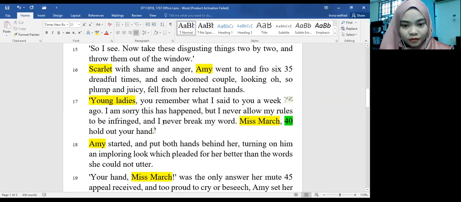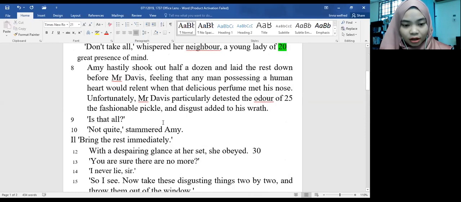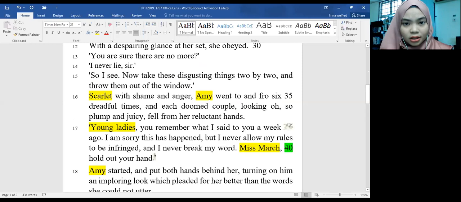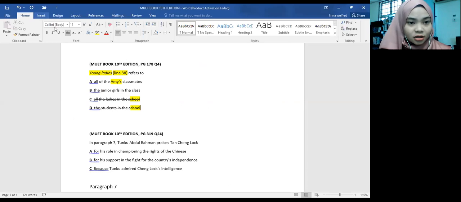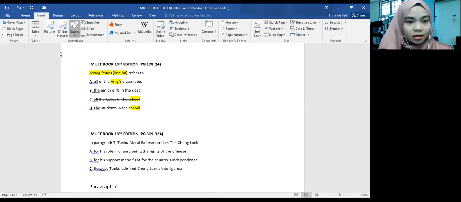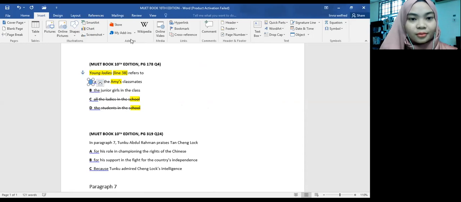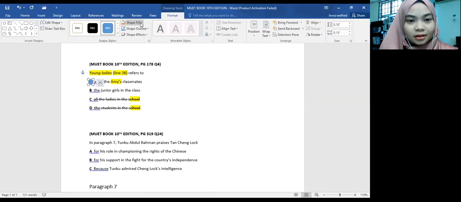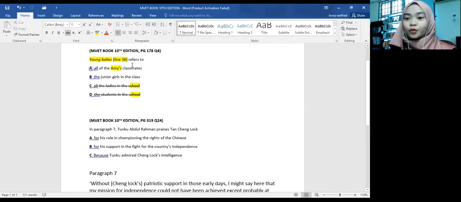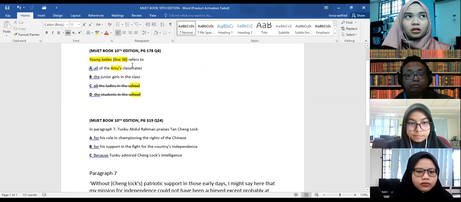There is no mention of junior in this paragraph, so the answer must be A. That is how to answer the direct questions.